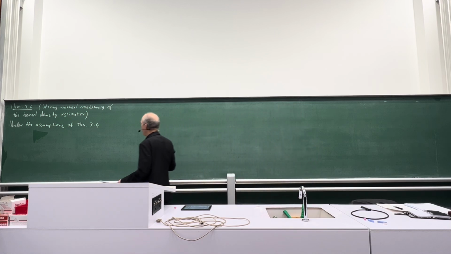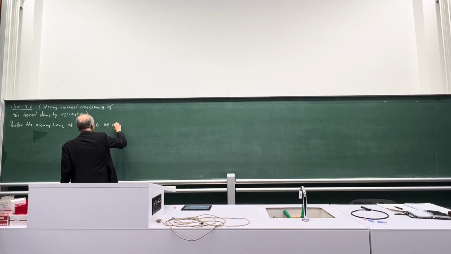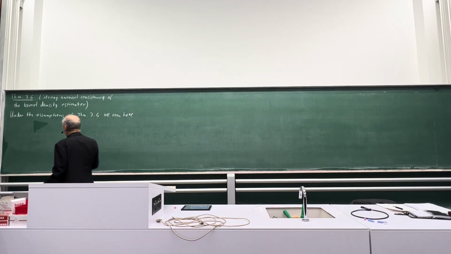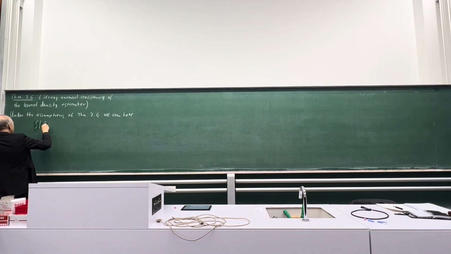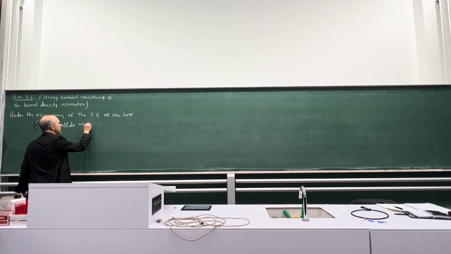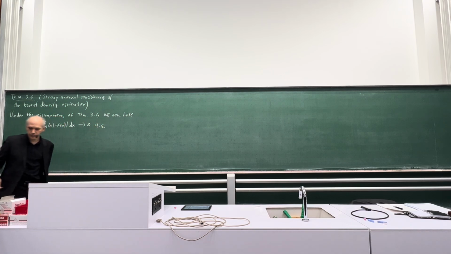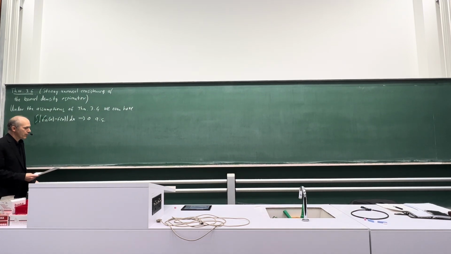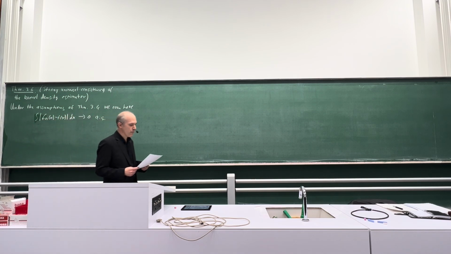We even have that the L1 error, the integral over the whole R^d of the absolute value of f_n(x) minus f(x), goes to 0 not only in probability but even almost surely. Again, it's a universal consistency, so for every density.